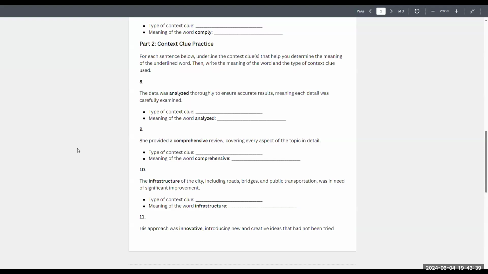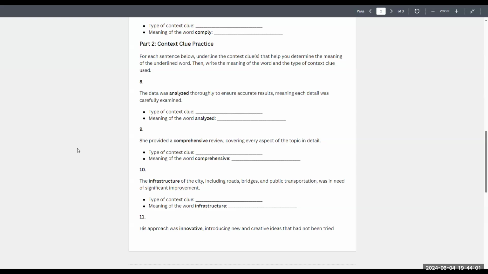It's not definition. It's not the result. It's not a cause and effect. It's a restatement because they say it twice.